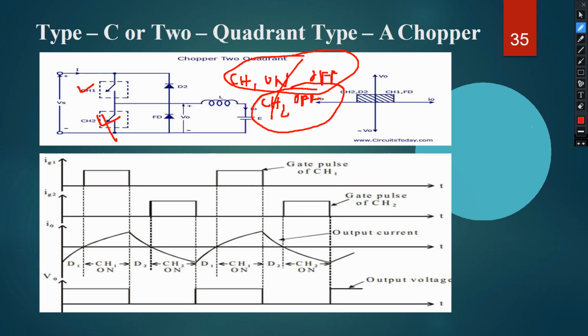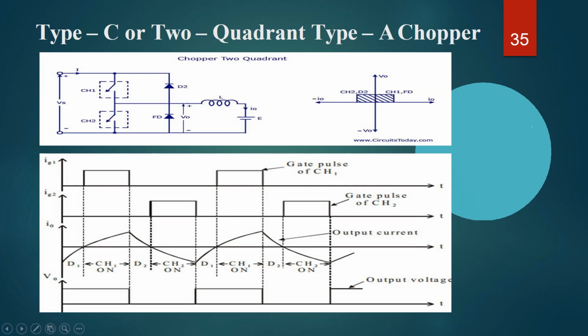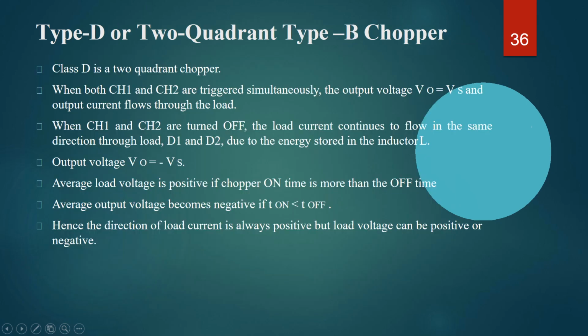The circuit goes from positive through CH1 when it is on, through the load, and back to the supply. When it is off, the stored energy in the inductor will flow like this. So CH1 and FD act as the quadrant 1 operation, that means a step down chopper.